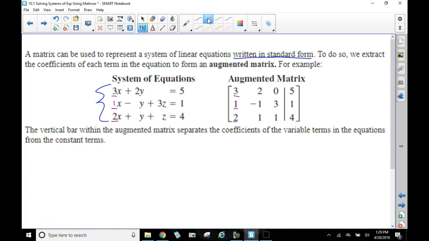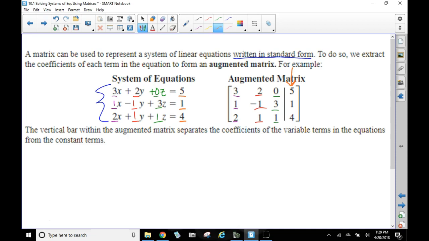In the second column are the coefficients of the y values, 2, understood to be -1, and understood to be +1. The coefficients of the z, this would be 0z. I didn't change anything there. So the coefficients of z would go in the third column, that is 0, 3, 1. And then the constant numbers, 5, 1, 4, would go in this last column.